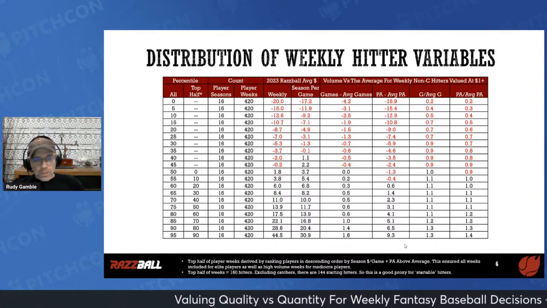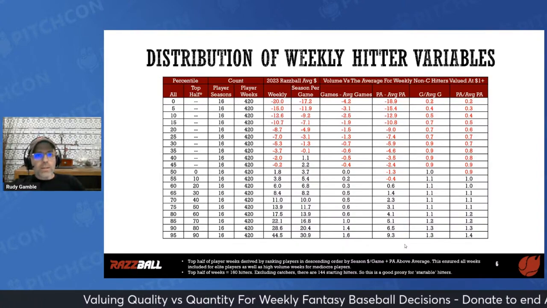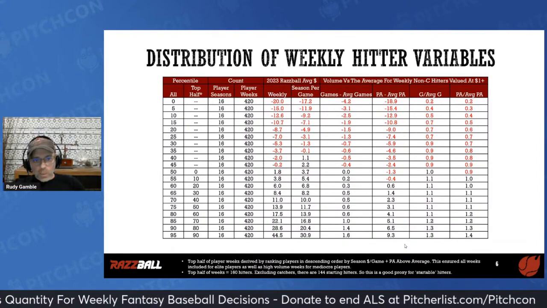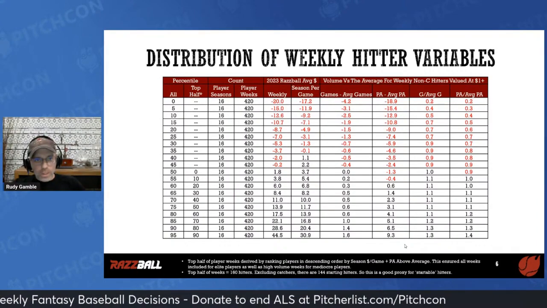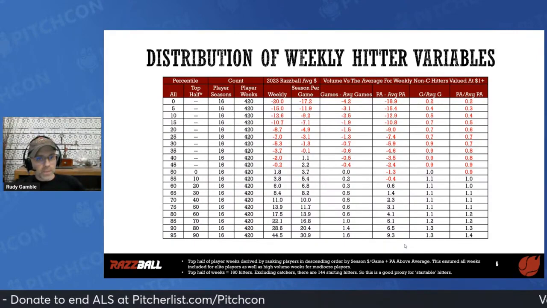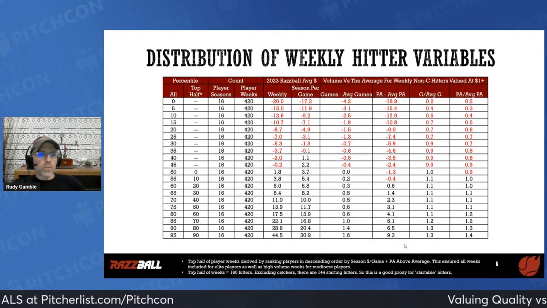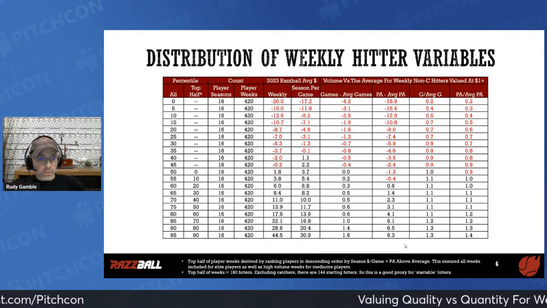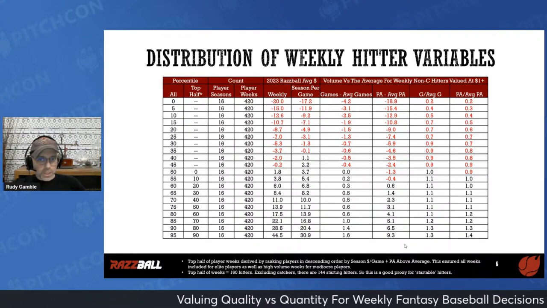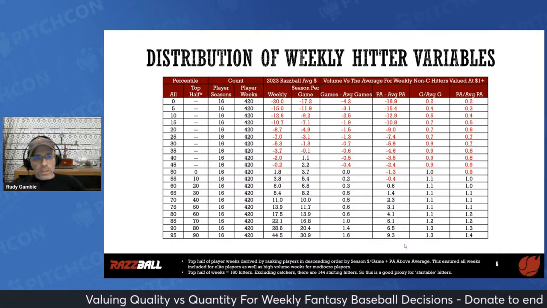So just to give you a sense, when you look at the dollar values, the worst 5%, that top one, is negative $20 for weekly, negative $17 for season per game. And if you go down, you can see that weekly gets up to $44 for the 95th percentile, 31 for season per game. And you can see the ranges that go throughout.